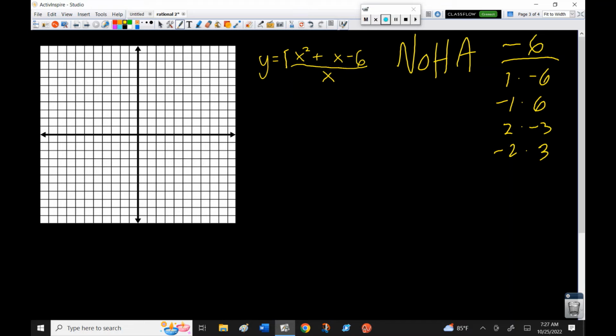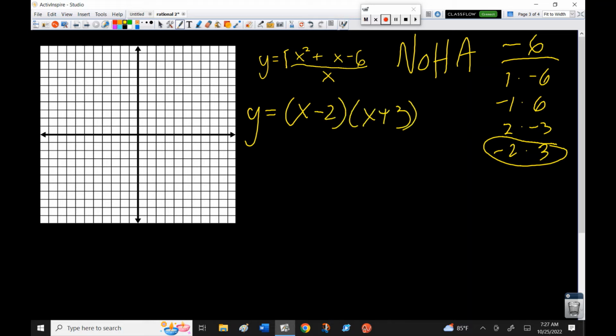If you said -2 and 3, you are correct. Now, ladies and gentlemen, I'm going to go ahead and skip the whole factoring part. Hopefully, you can get some practice doing that, and we'll do more practice in the classroom. This actually factors out to x minus 2, x plus 3, and this is going to be over x.